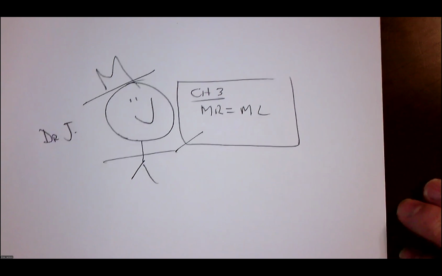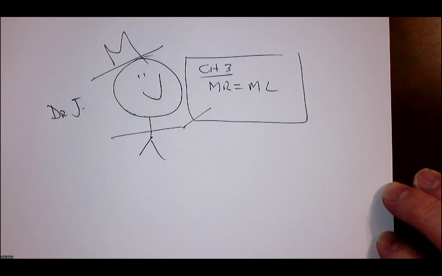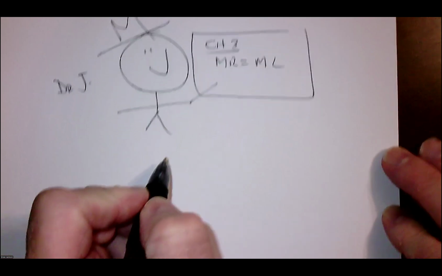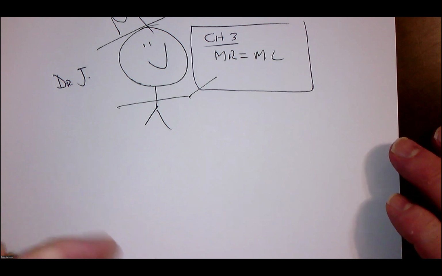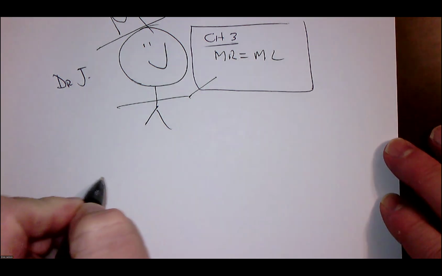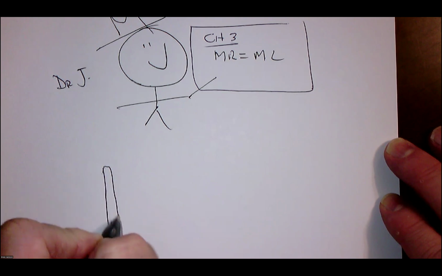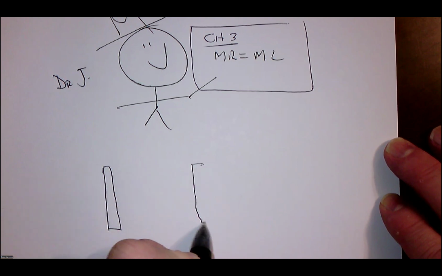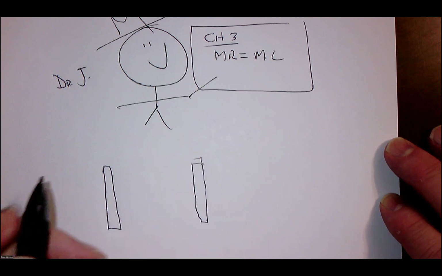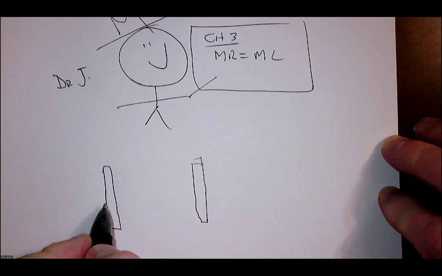So the idea here with elasticity, just to make this brief: we would all know that if you had a 1 foot rod of steel and a 1 foot rod of rubber, that rubber is more elastic than steel.